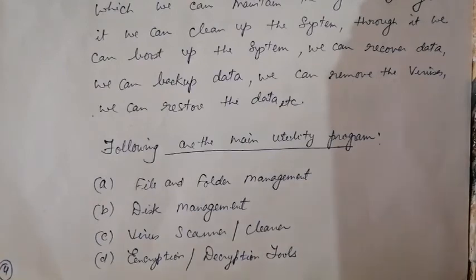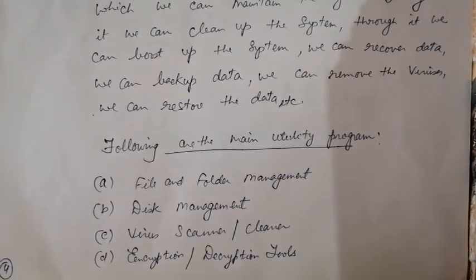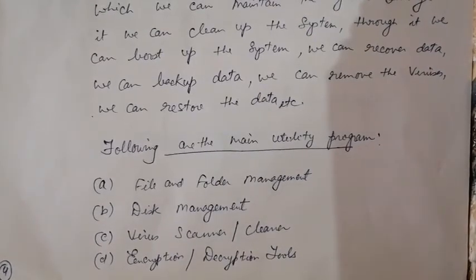Suppose there are two places, and the file you are going to copy carries the same name as one in this folder, in this drive. It gives you information about replacing it, whether to overwrite it or make a copy, right? All these are file and folder management. It happens by the help of file and folder management only.